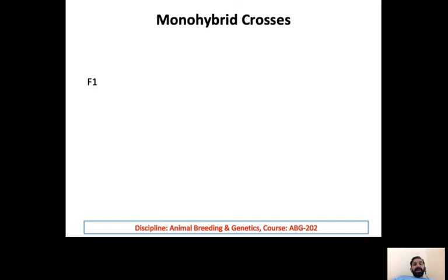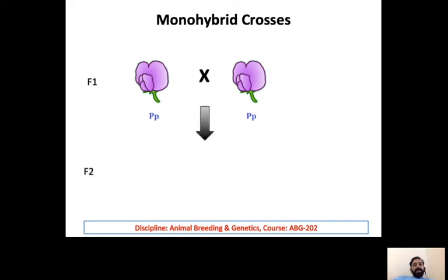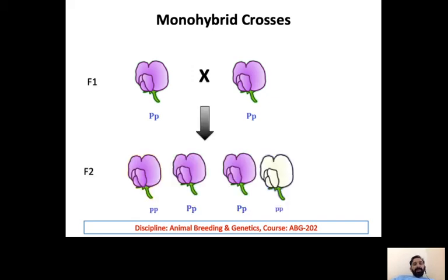Well, when this F1 is intercrossed, heterozygous purple is crossed with heterozygous purple, that's the intercross of the F1. Then we get the F2, and in case of F2 you can see the phenotype, there are three purple and one white flower.